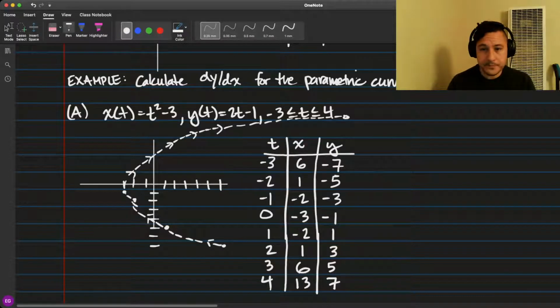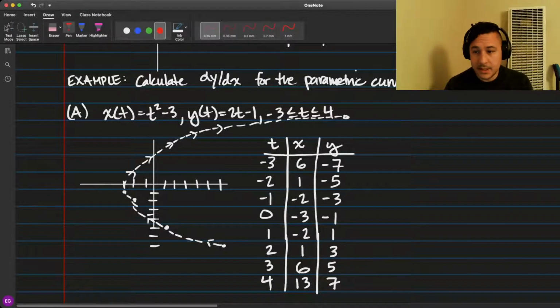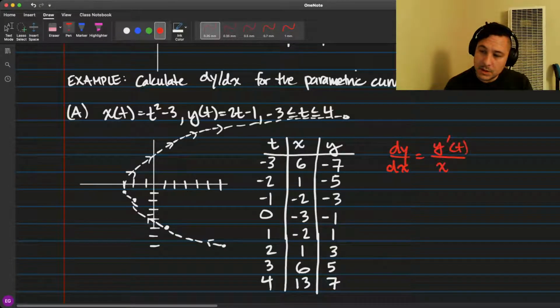So, if we want to find the slope of the tangent line at one of these points, we know that the formula is dy dx equals y prime over x prime.